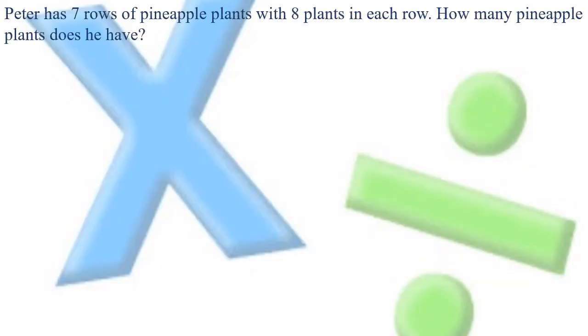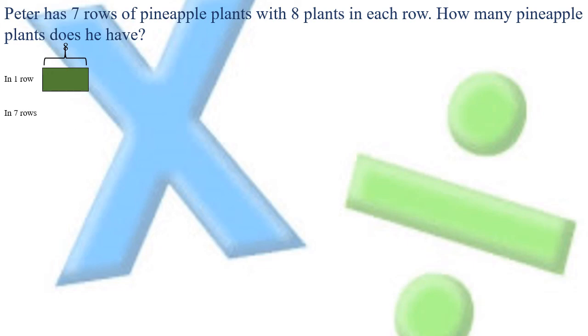Peter has 7 rows of pineapple plants with 8 plants in each row. How many pineapple plants does he have? There are 7 rows and in each row there are 8 plants.